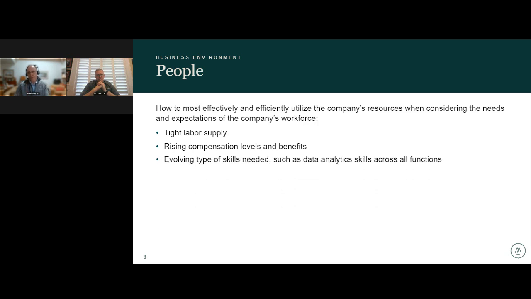And the other thing is we're really seeing an evolution in the type of skills needed. A lot of emphasis on the ability to analyze data, and that applies to every single function in the business, whether it's operations, sales, marketing, finance, really critical skills, and they're in high demand.